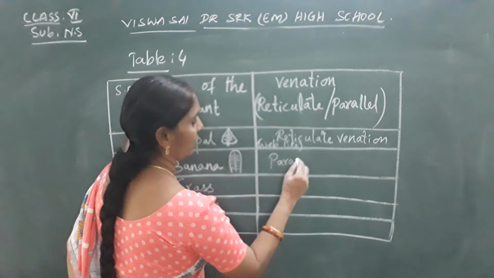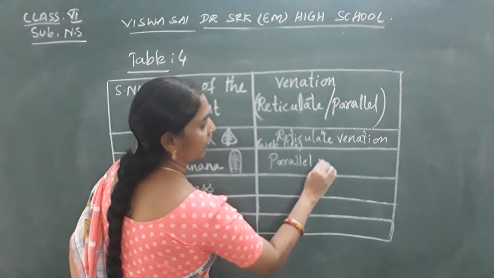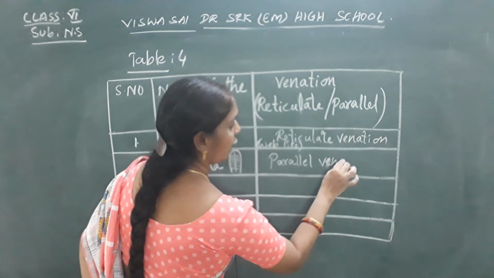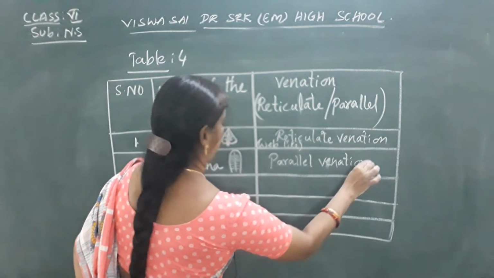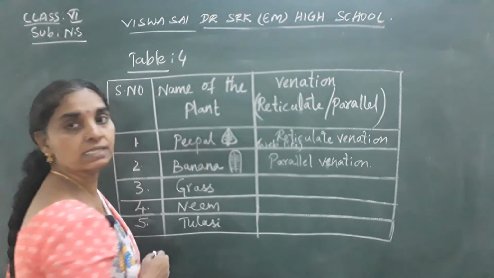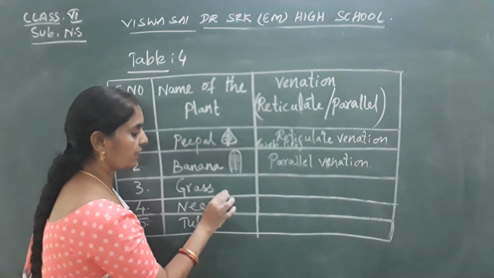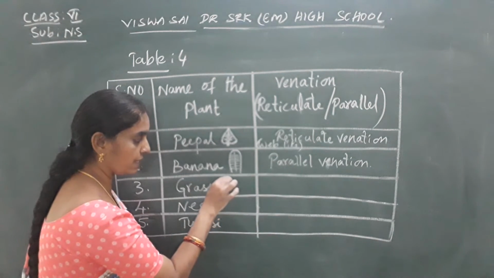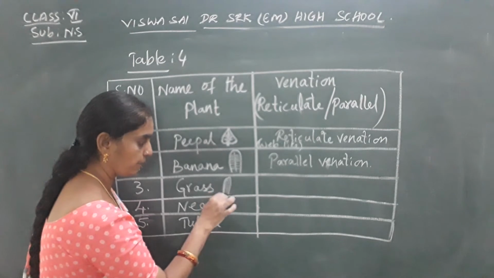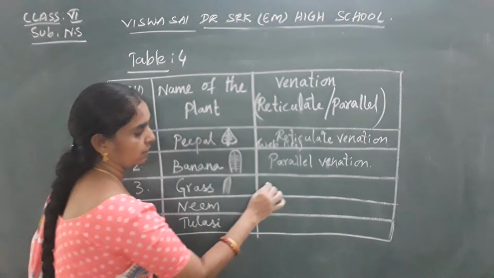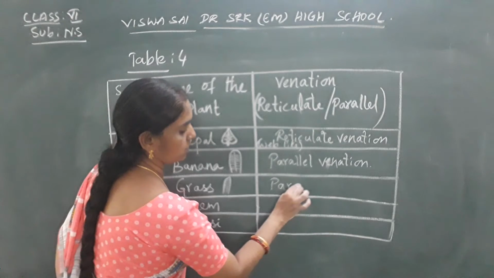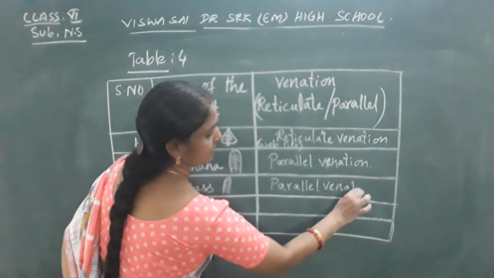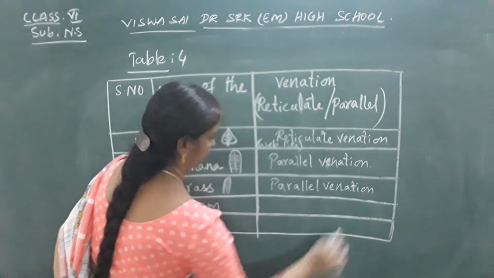They are arranged parallel to one another. Okay, next, grass. If you see the grass, the veins are arranged parallel to one another. So this is also a parallel venation.